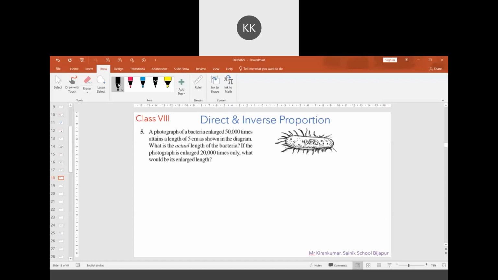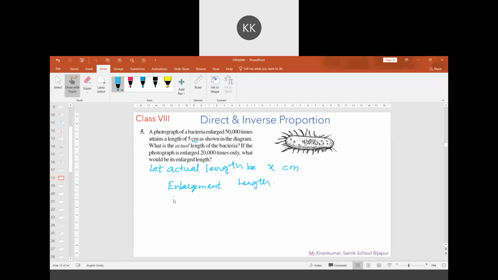How do we find? Suppose I consider the actual length as x. Let the actual length be x. They have given it in terms of centimeter only, isn't it? So let me take this in terms of centimeter. Here, I'll make a tabular column mentioning the enlargement and the length.